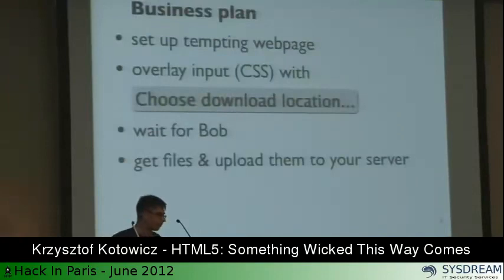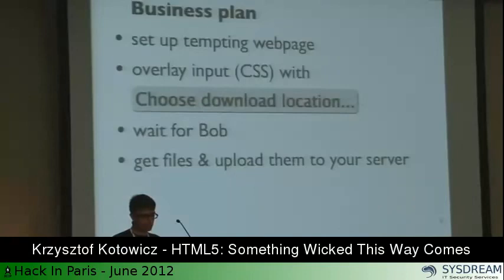You can read each and every individual file from a directory. So the business plan for pawning Bob would be, let's set up a tempting web page that Bob would be interested in visiting. Let's insert the input type equals file directory element, but overlay that element, the button from that element, with a simple choose download location button. Let's just wait for Bob and lure him into clicking that button.